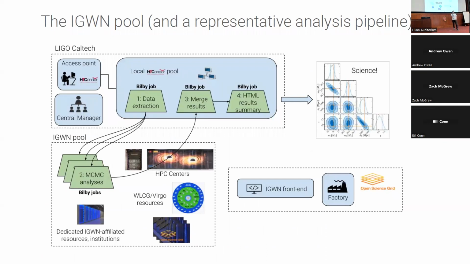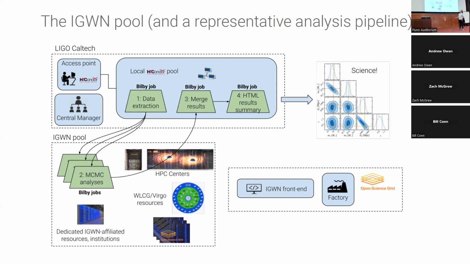This graphic is hopefully a very quick schematic of what I mean by the IGWN pool. Typically our computing model, at least for the distributed setup, looks something like this. We have production access points, typically at the LIGO lab managed clusters. We host our own central managers. Those talk to the local Condor pools with shared file systems and easy access to particularly proprietary data and so on, and public HTML servers.